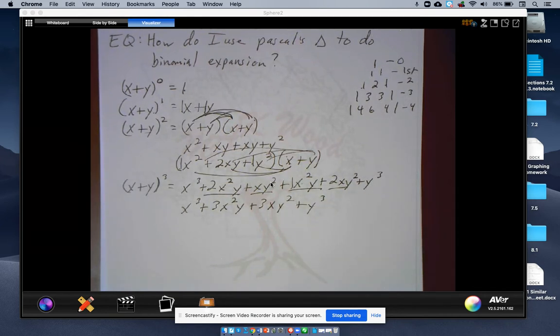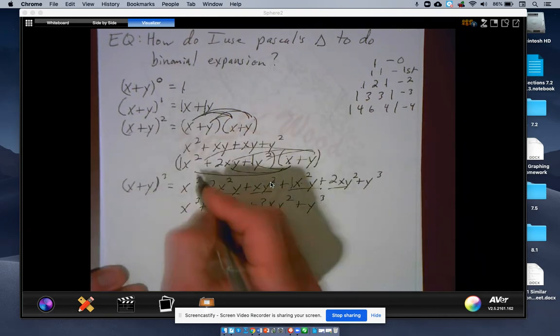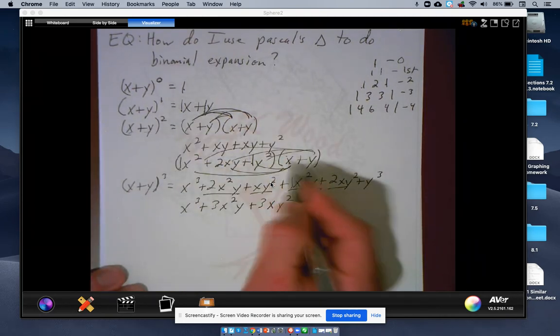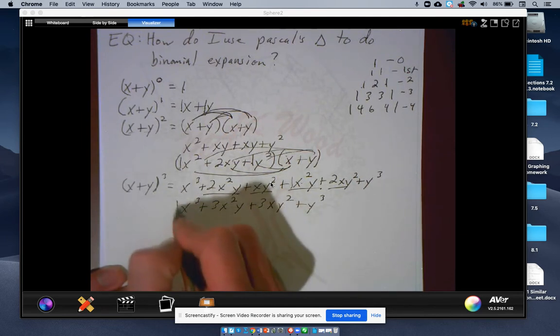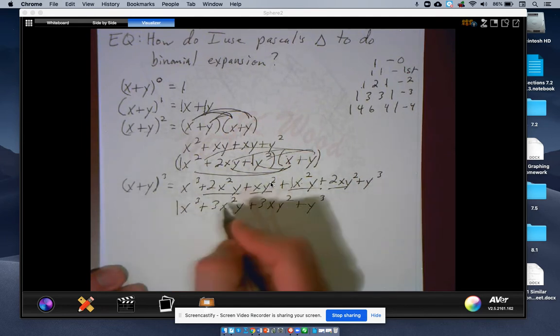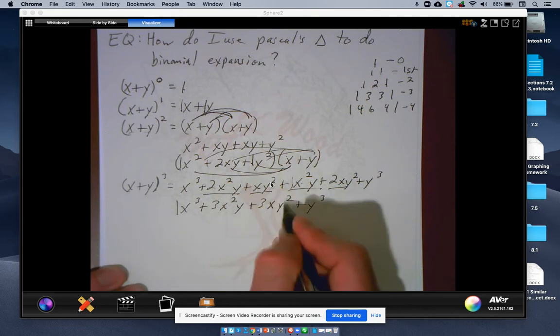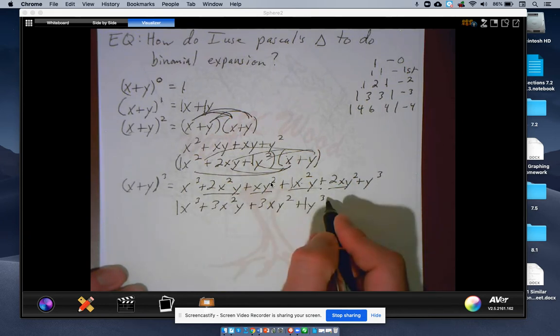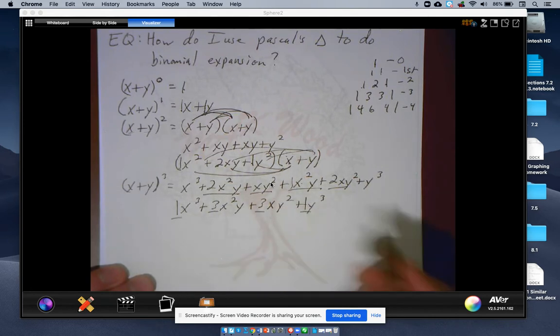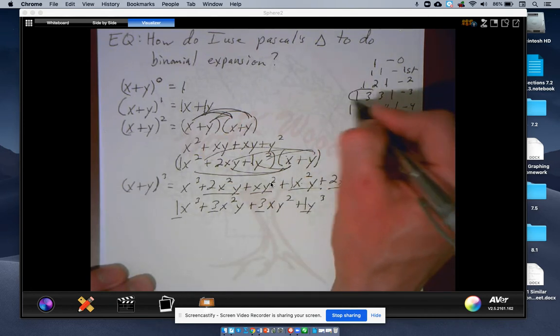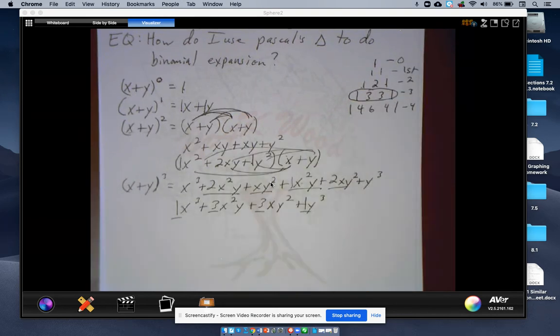That was very quick, but in short, all I did is I took x plus y squared, which my answer was here, and I multiplied it by x plus y one more time to make it x plus y cubed, and this is what I got. 1x cubed plus 3x squared y plus 3xy squared plus 1y cubed, and like we thought, 1, 3, 3, 1, which is this right there.